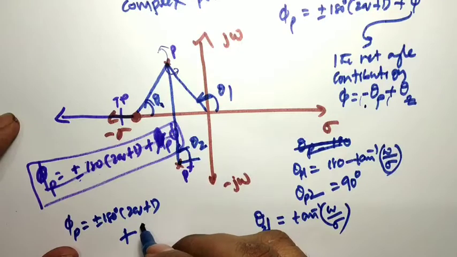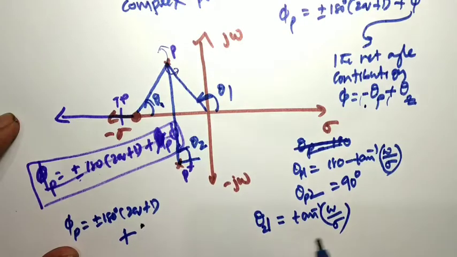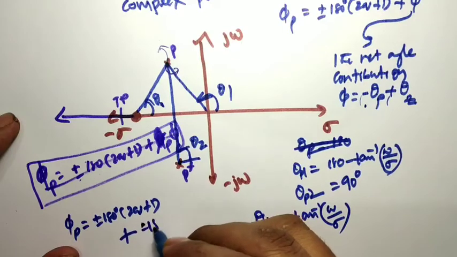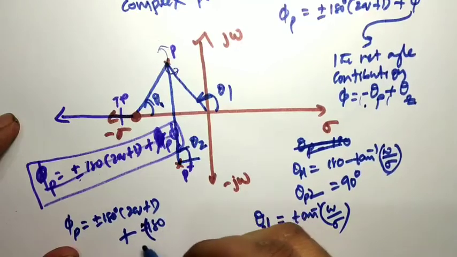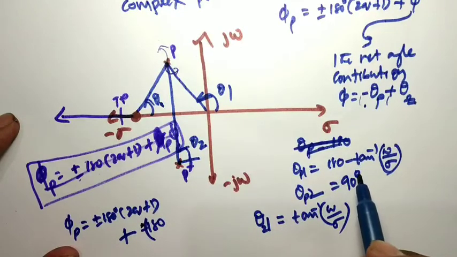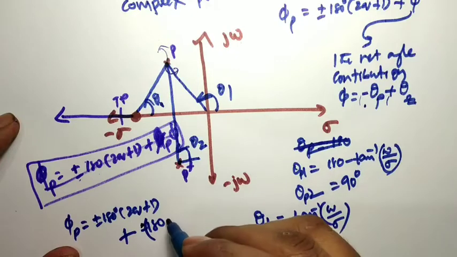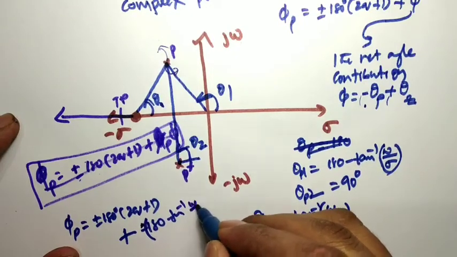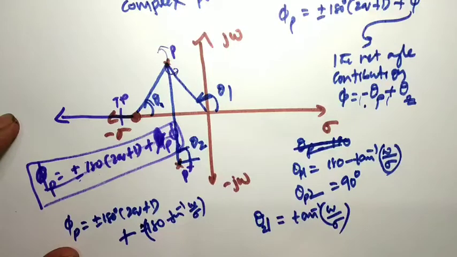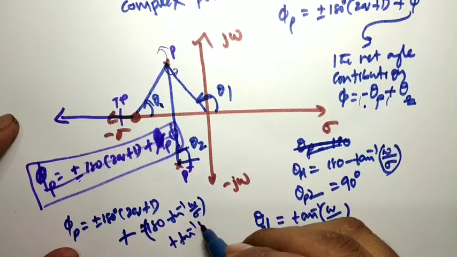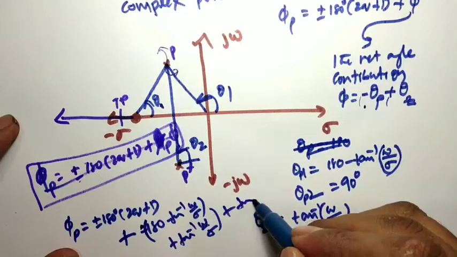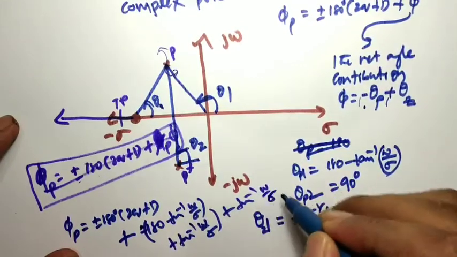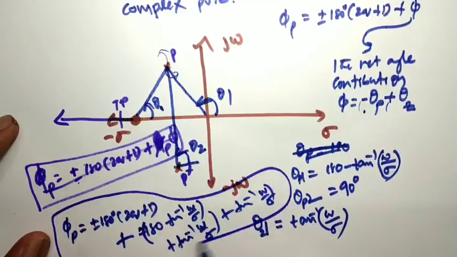I am going to write this one as minus 180, taking the minus here, minus (180 minus tan inverse omega by sigma), then plus tan inverse omega by sigma. So this is the angle of departure.